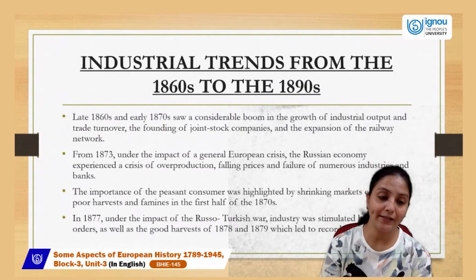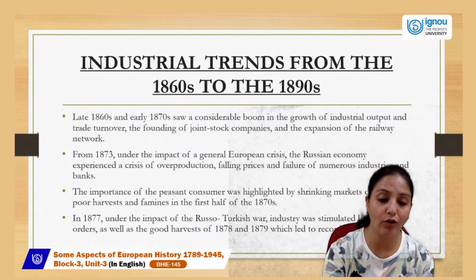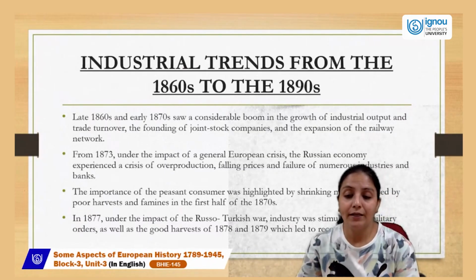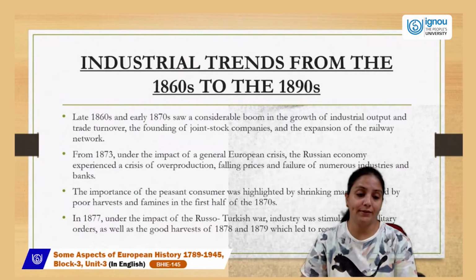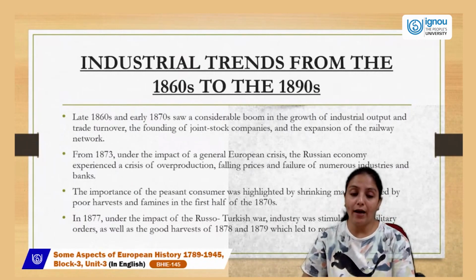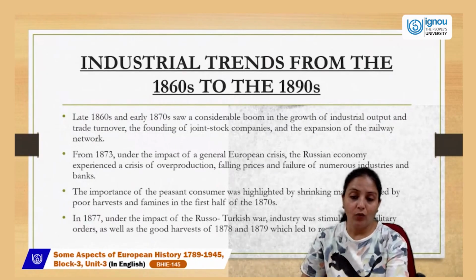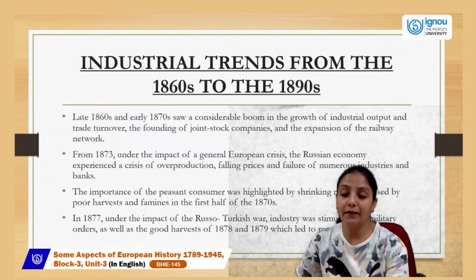In 1877, under the impact of the Russo-Turkish War, industry was stimulated by military orders, as well as by the good harvests of 1878 and 1879, which led to record grain exports.